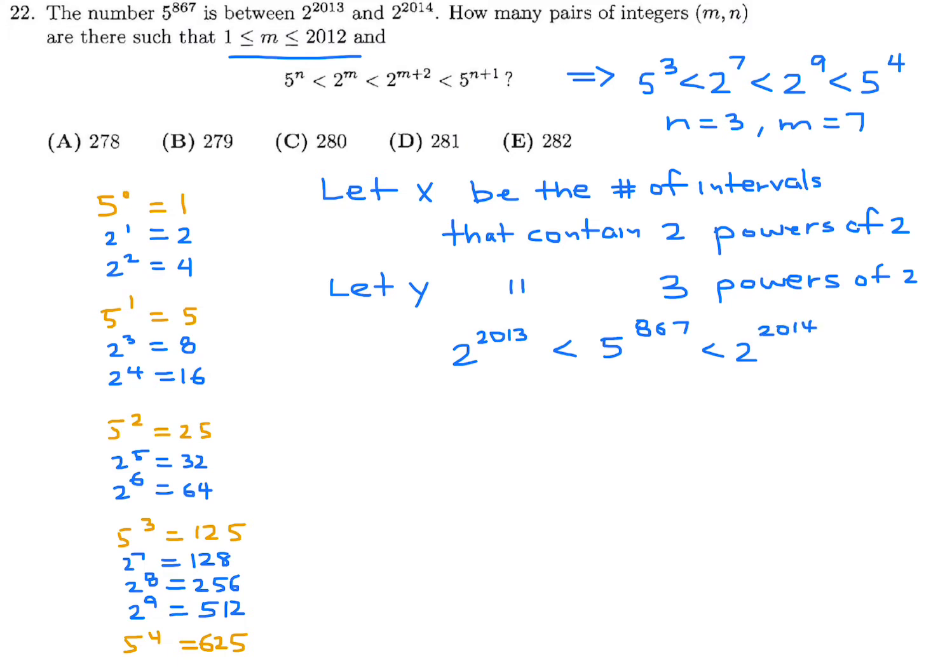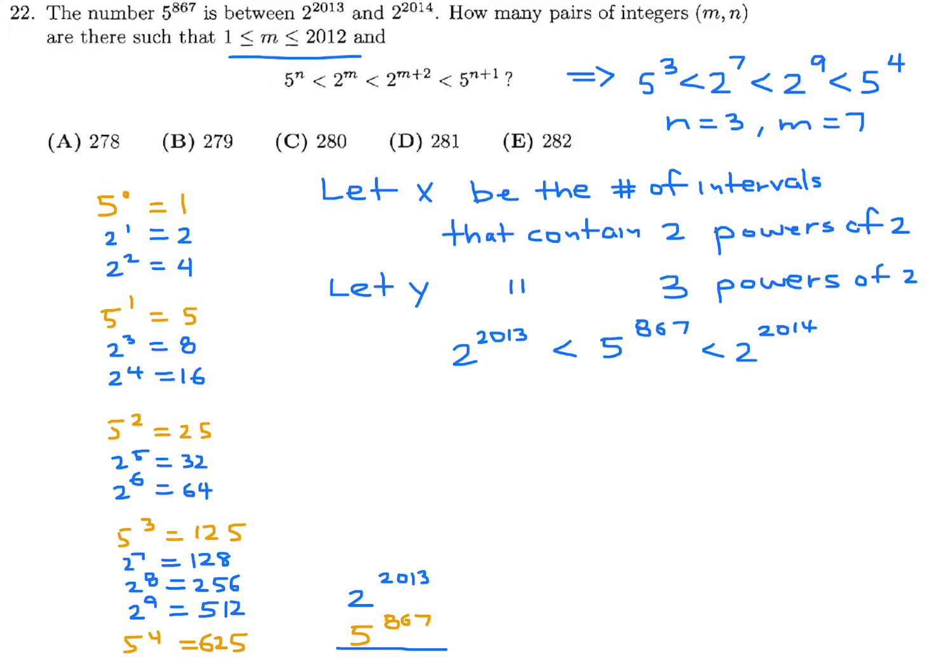So how does that help me? It helps me basically in this sort of format. If I were to draw it out, it would be 5 to the power of 867. And according to that inequality, the 2 to the power of 2013 would be above it. So I basically have to figure out this scenario for this range going up, where it ends here.